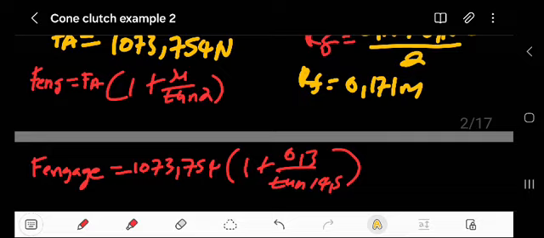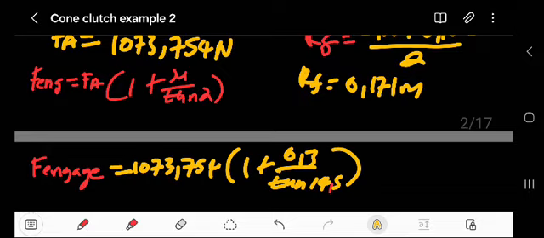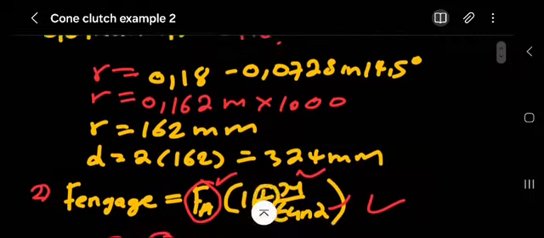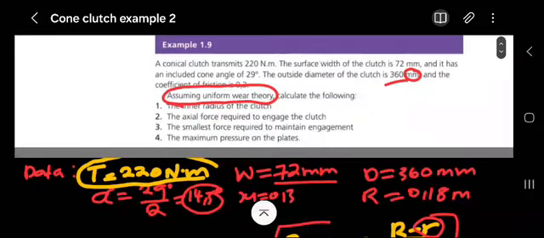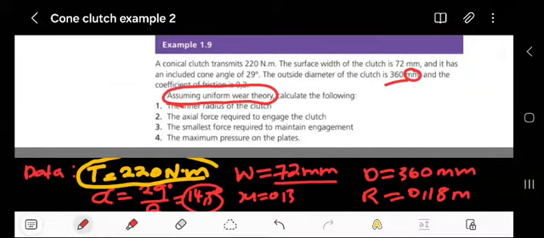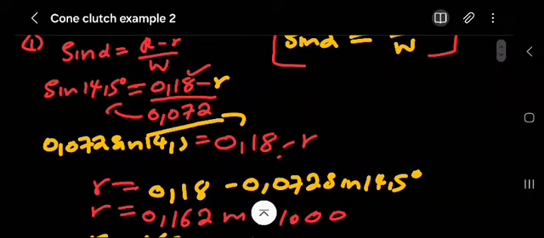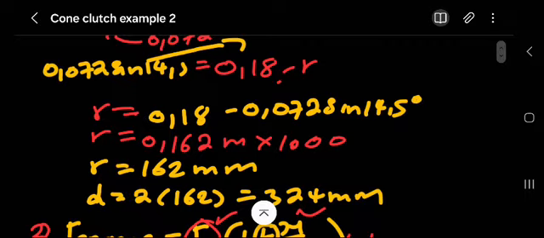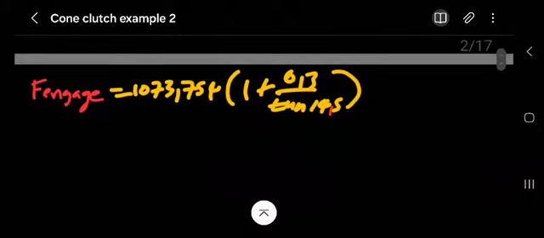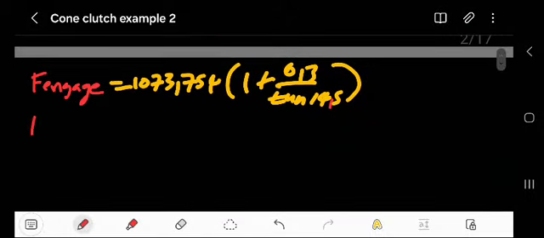I remember this. Yeah, the coefficient of friction was 0,3. The angle was 14,5, or am I wrong? Yeah, it's 14,5. So if you punch this, F engage, supposed to get that.